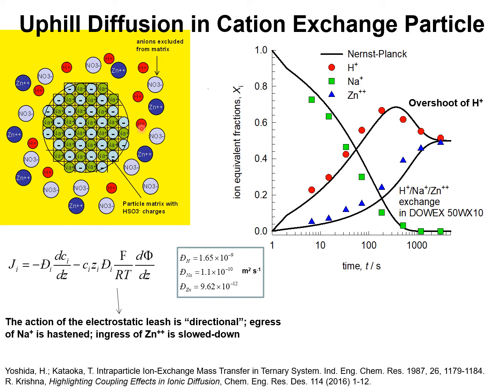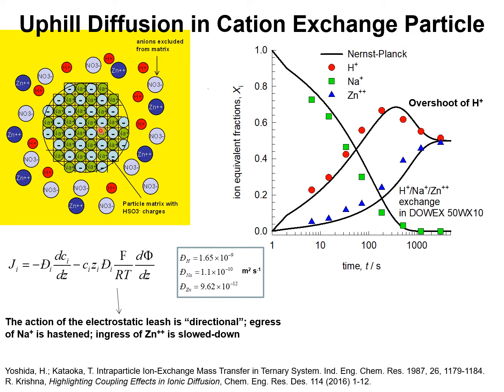Consequently, the ingress of H plus into the particle occurs at a faster rate than the ingress of the zinc cations and the egress of the sodium cations.